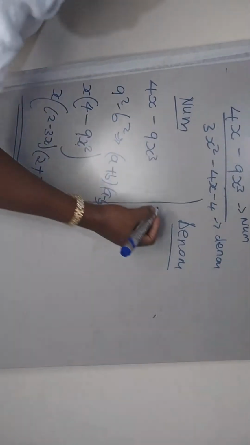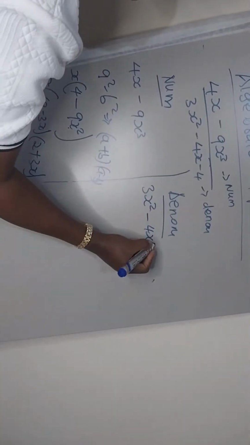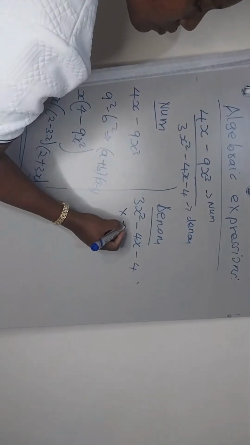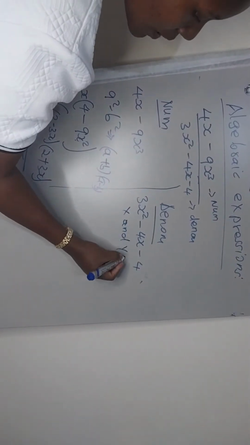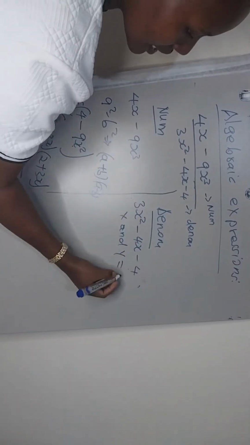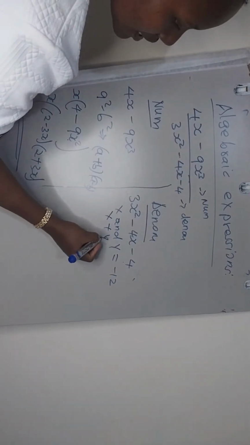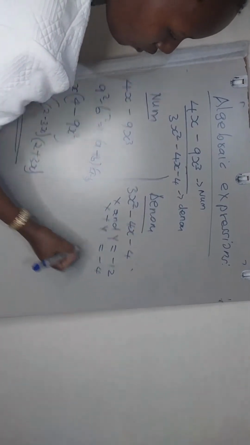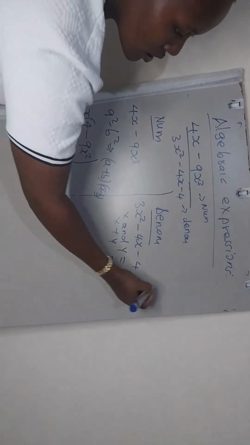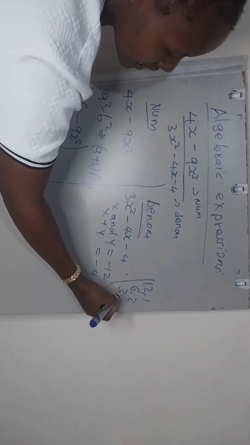What about the denominator? 3x squared minus 4x minus 4. I want 2 numbers that, when multiplied, give part 1 times part 3, which is 3 times negative 4, negative 12, but when added give negative 4. You go for the multiples of 12: 12 and 1, 6 and 2, 3 and 4.